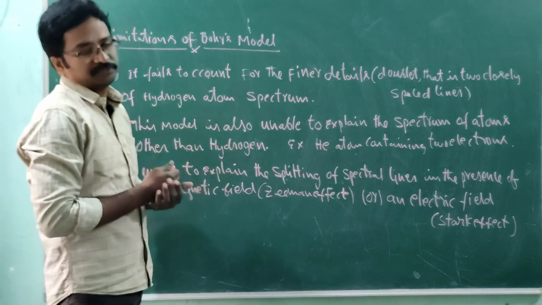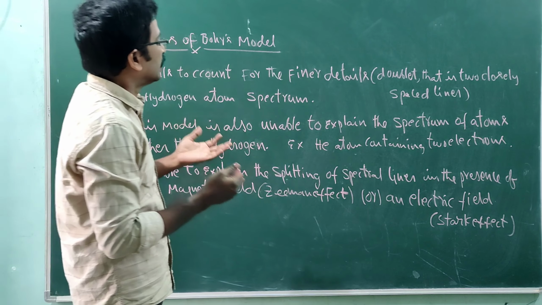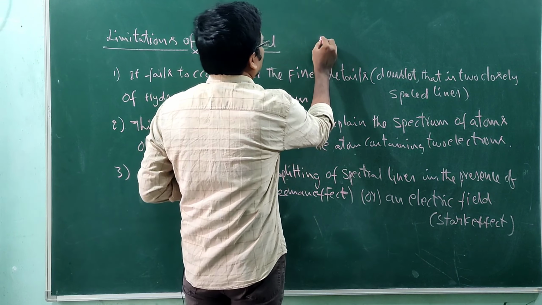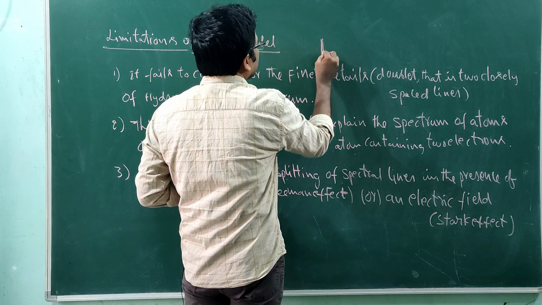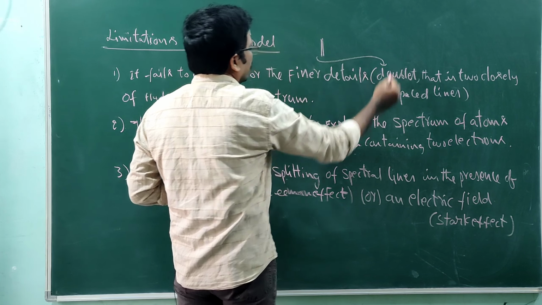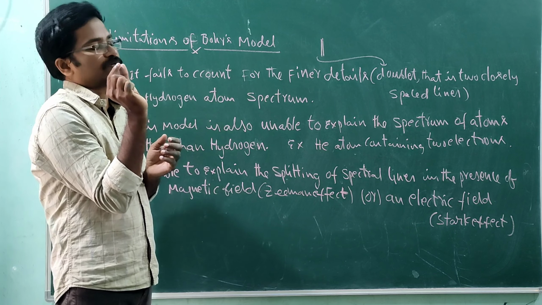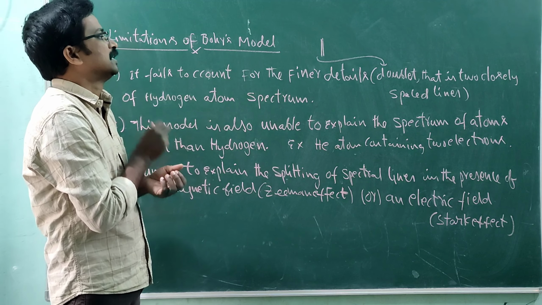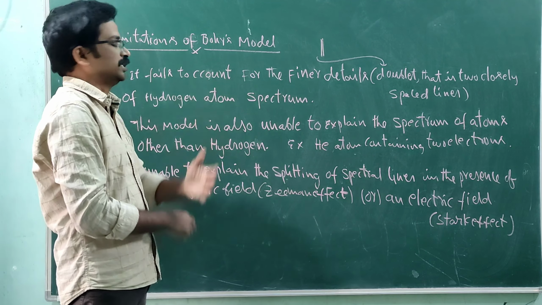Some lines are very close to each other. When two lines are very close together, we call it a doublet. This type of detail cannot be explained by Bohr theory.